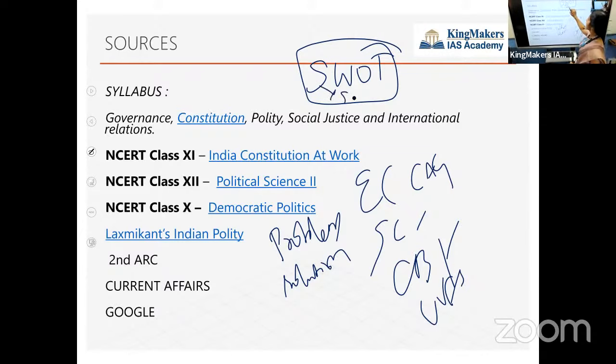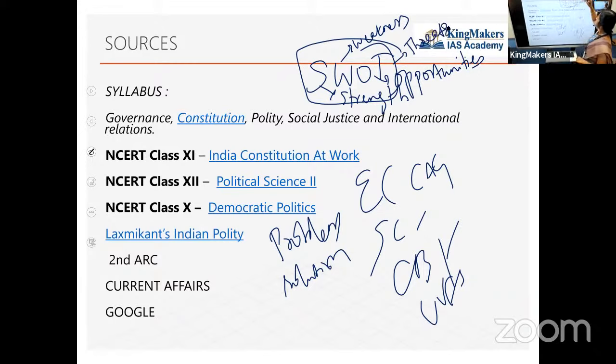What you studied in Lakshmikant is one thing, but for every institution, every article and every commission, you should do a SWOT analysis. This is what you will have to do.